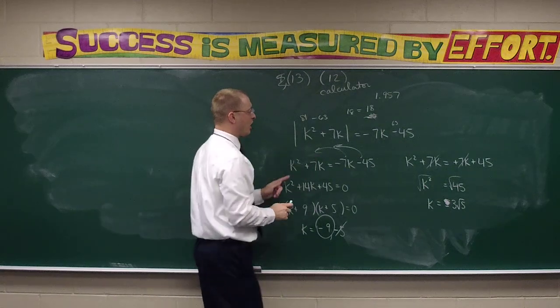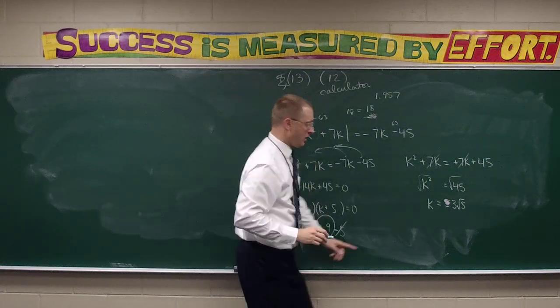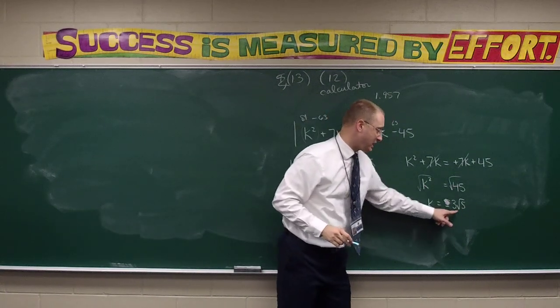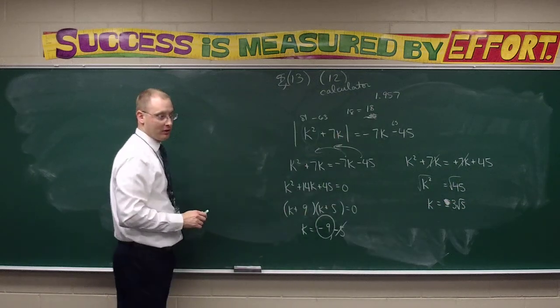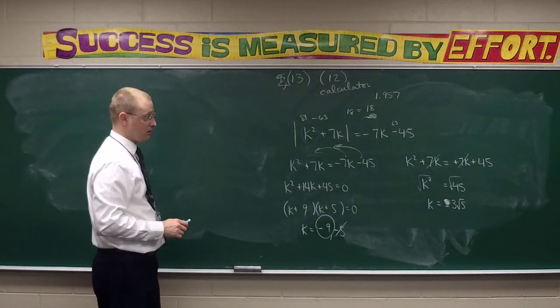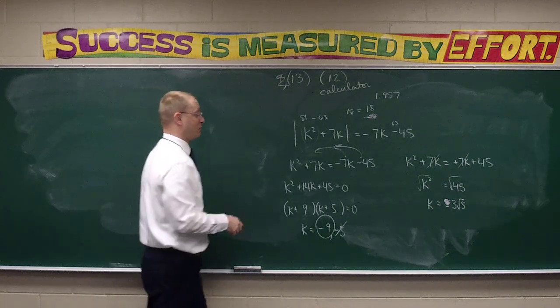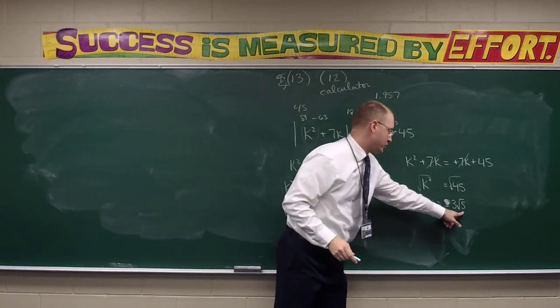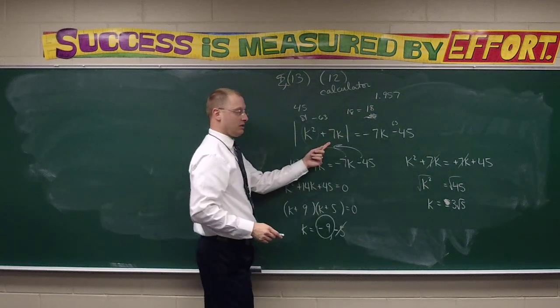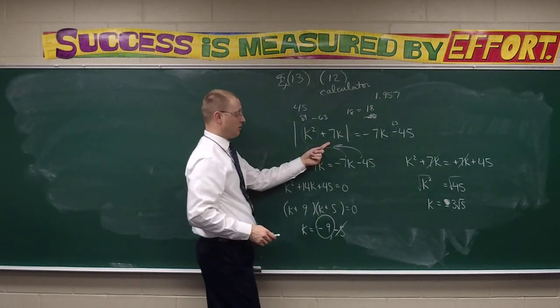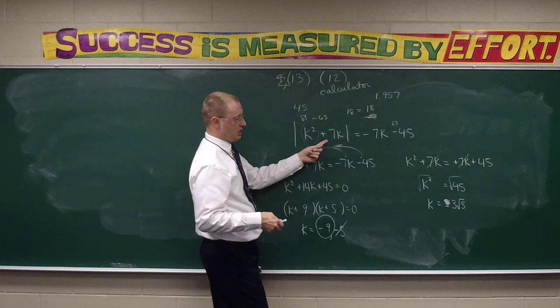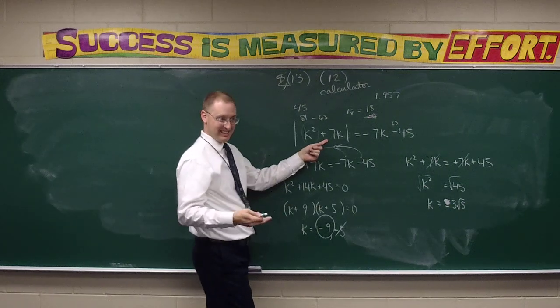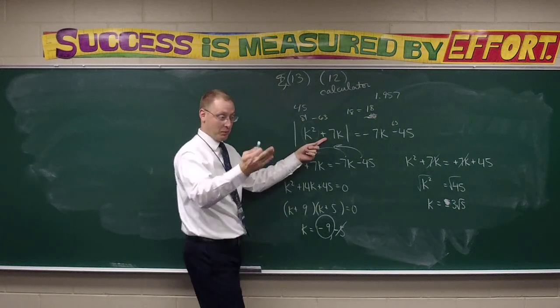All right, now coming over here. When you square negative 3 times the square root of 5, that's 5, which is 45. And then the negative 3 times the square root of 5 times 7, negative 21 times square root of 5, which is, on your calculator, negative 21 times the square root of 5.